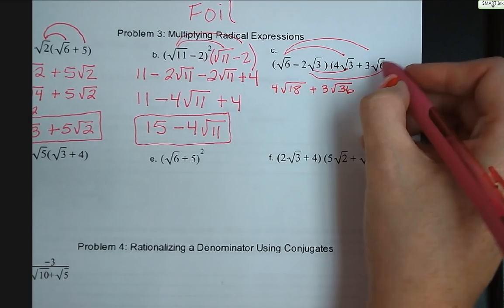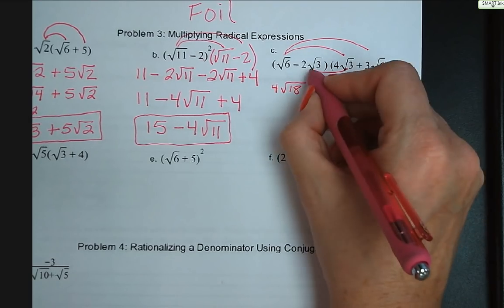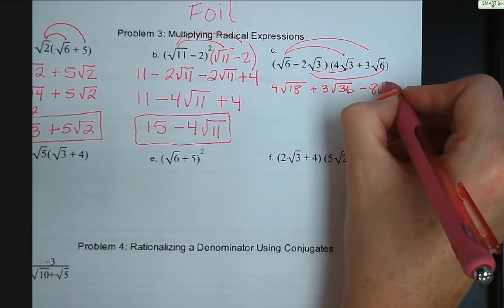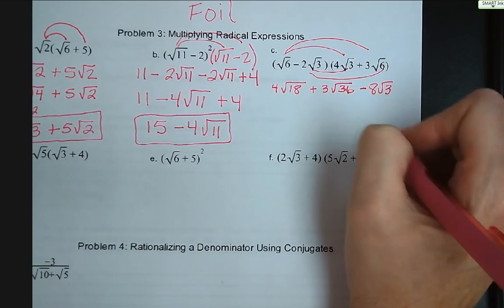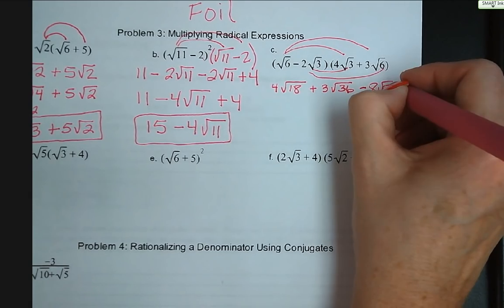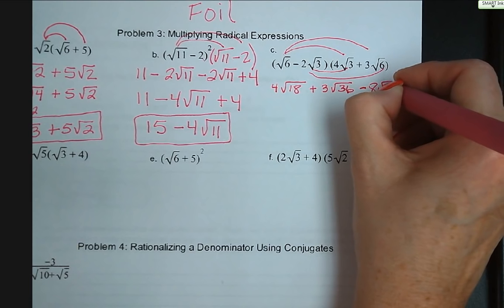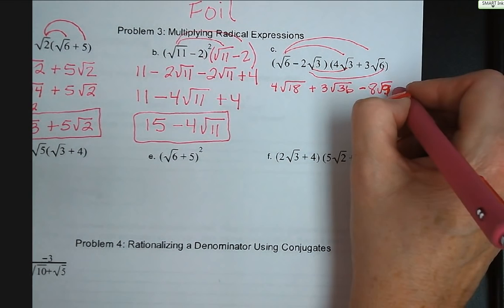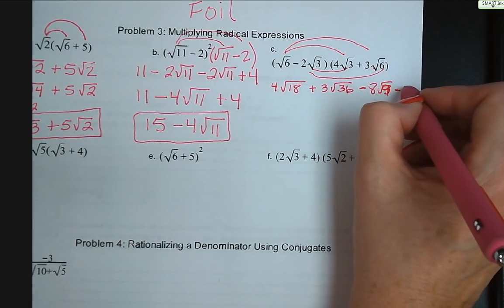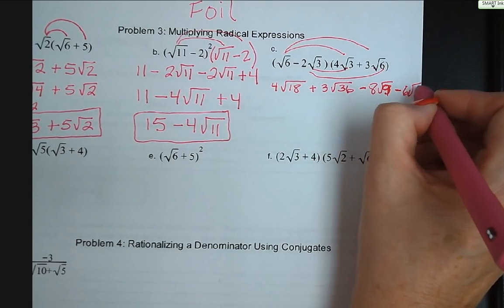Then we've got negative 2 root 3 times 4 root 3. Multiply the coefficients, so that's minus 8 square root of 9. And then our last term, negative 2 root 3 times 3 root 6. So negative 2 times 3 is minus 6. And we have square root of 18.